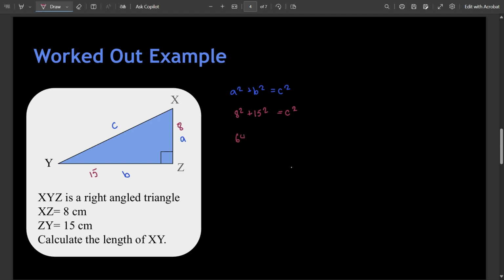So 64 plus 225 is equal to C squared. Now we add these numbers, so 289 is equal to C squared. And the last step is to square root both numbers. So square root. C is then equal to 17. And let's not forget the units, 17 centimeters. And that's our answer.